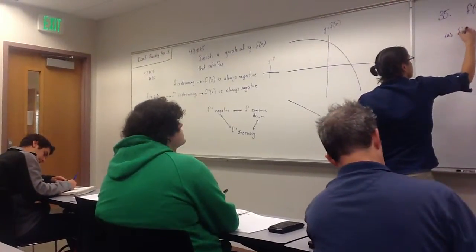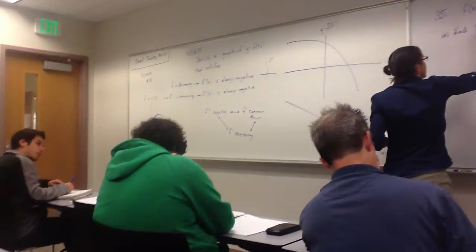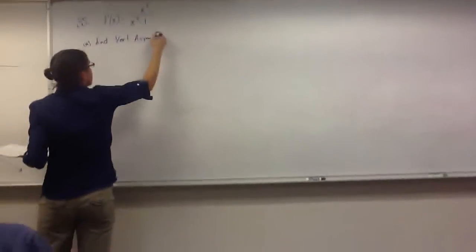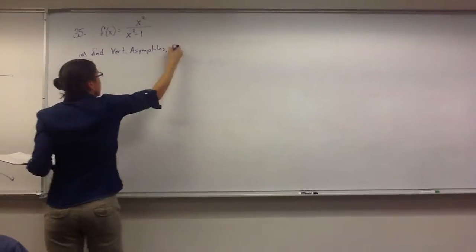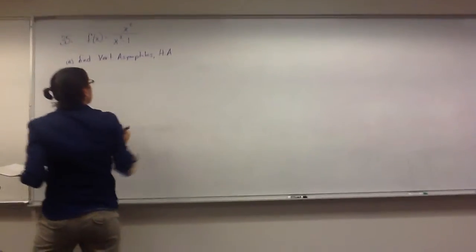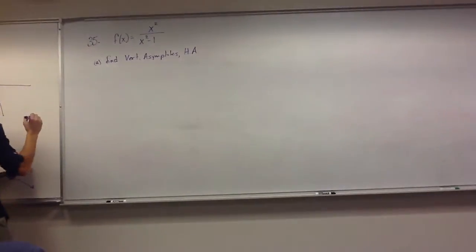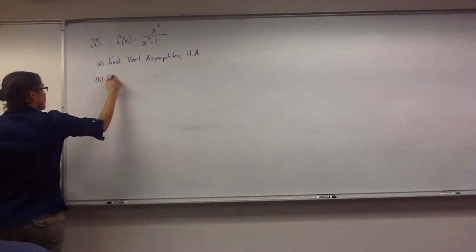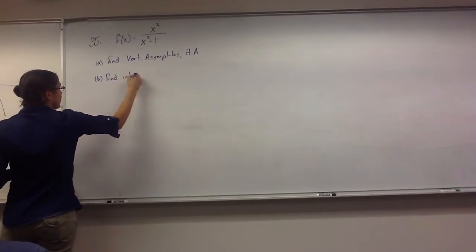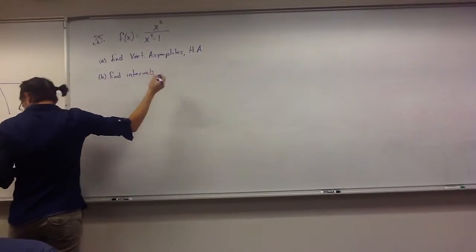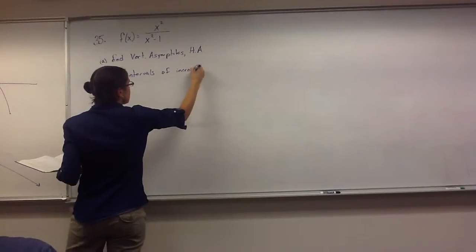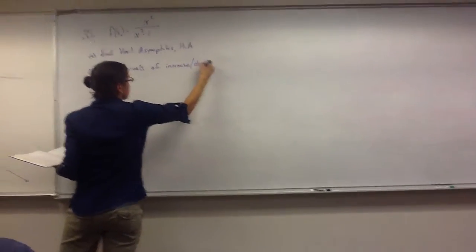Part A is to find the vertical asymptotes and the horizontal asymptotes. Part B is to find the intervals of increase or decrease.